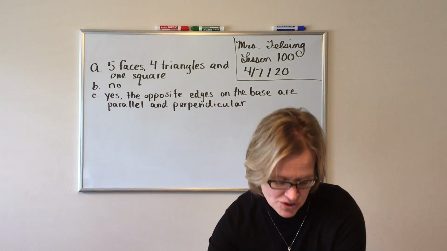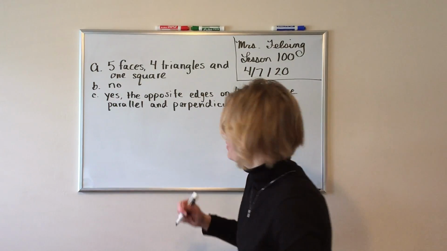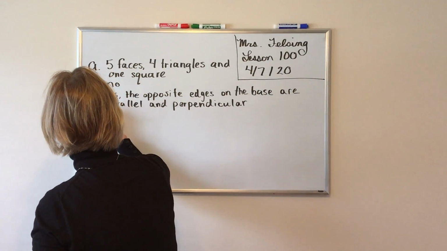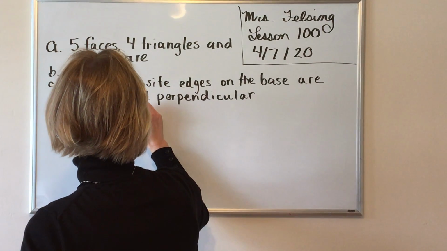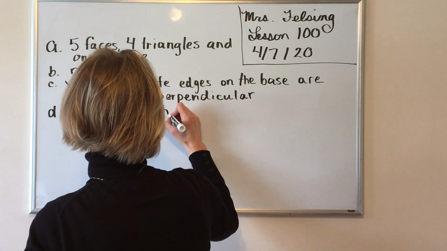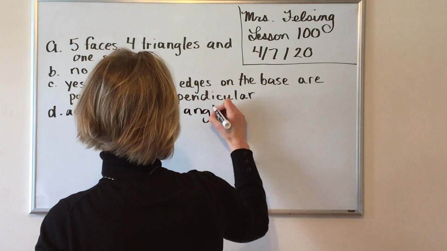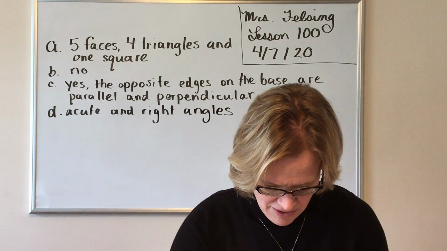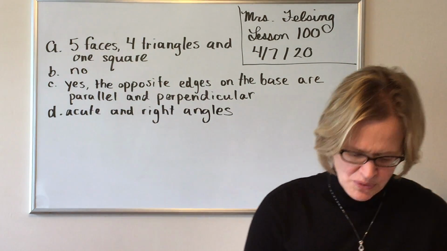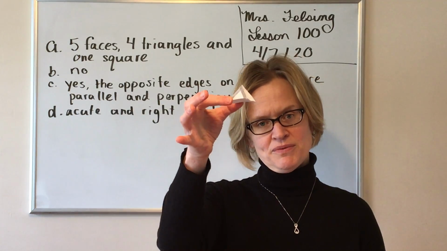So these are acute. So you have acute and right angles. So that is the questions that we're going to work with for the pyramid with the square base.